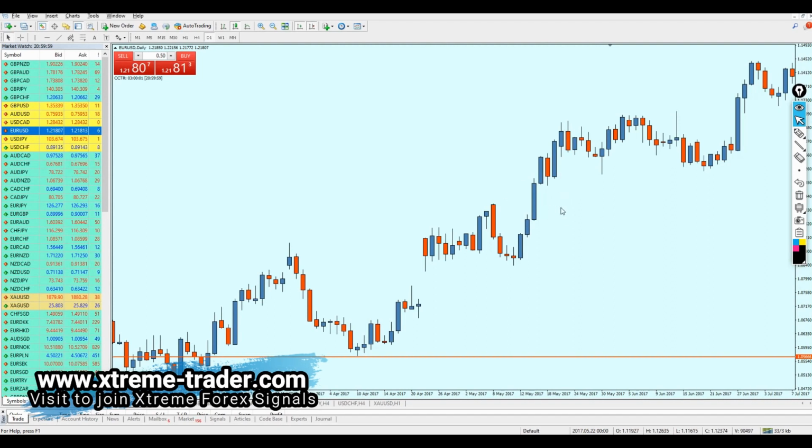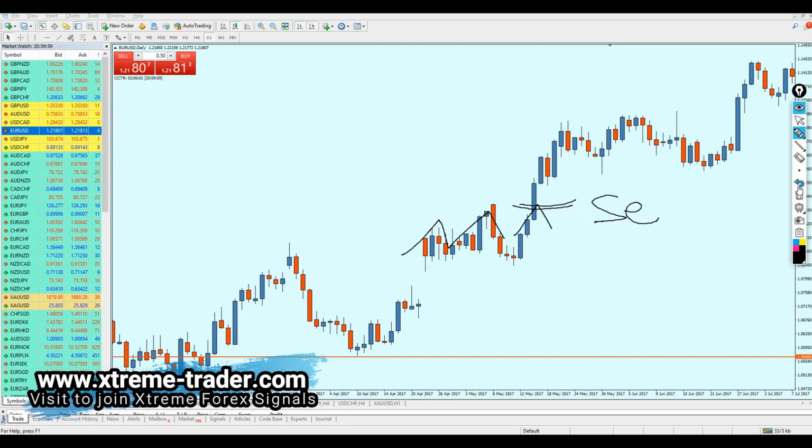So this is very important, because when you are seeing a resistance level and you place a sell order right here, and the market continues to rise against your order, you can expect the market to fall down and retest the broken resistance, so you can close your trade minimizing the losses to the maximum.